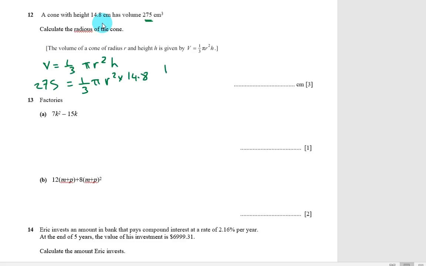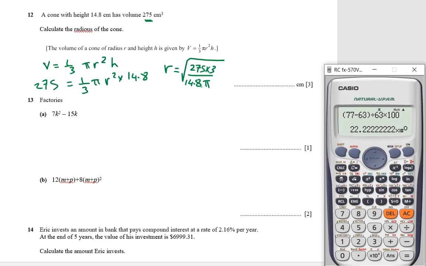So r will equal the square root of 275 by 3 divided by 14.8 by pi. Let us use our calculator.